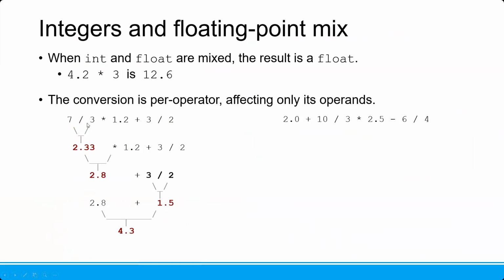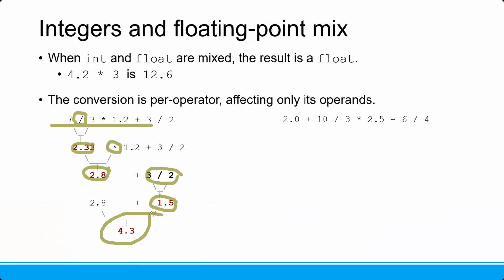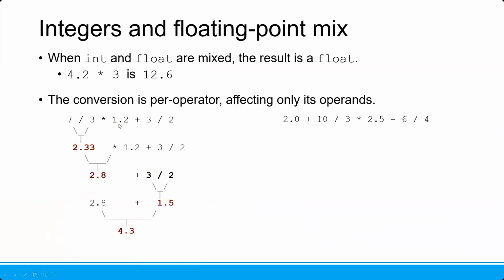It goes starting from the left to the right. So we start from the division, we get this one, we multiply, 2.8. And then again, we do the division, 3 divided by 2, we get 1.5. And then, yeah, we get the float value.